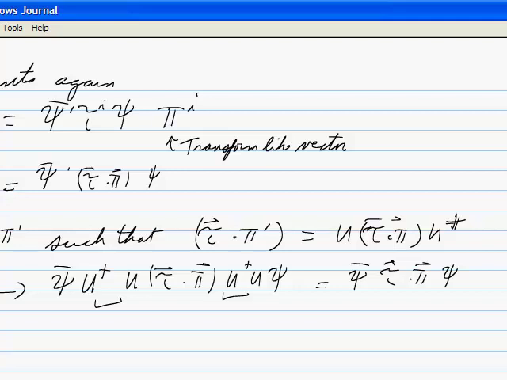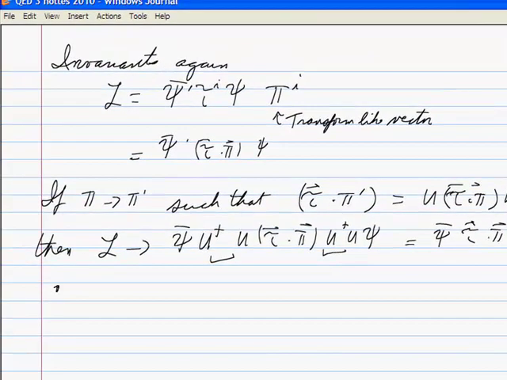Okay. This looks a little formal, but it's again not that hard to actually write out what that rotation is. The explicit form of this is the following.